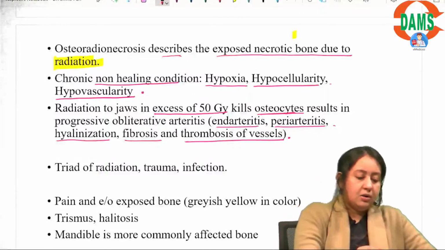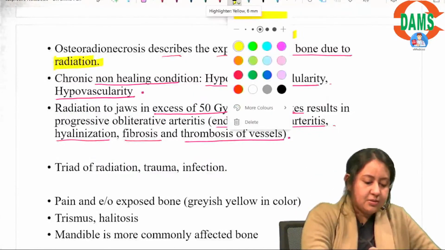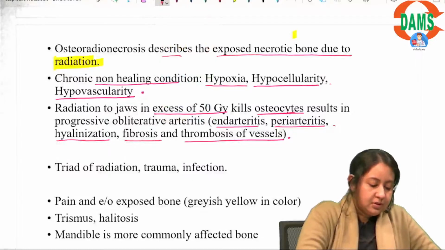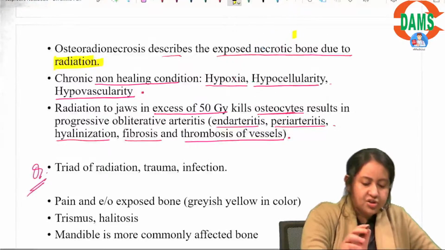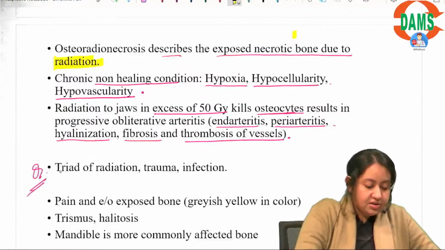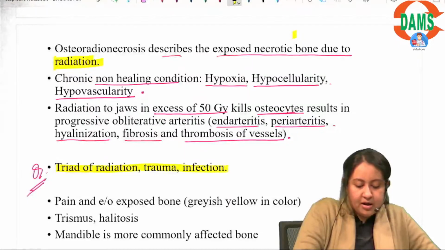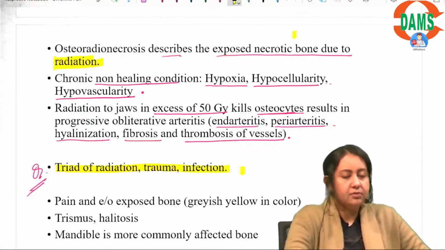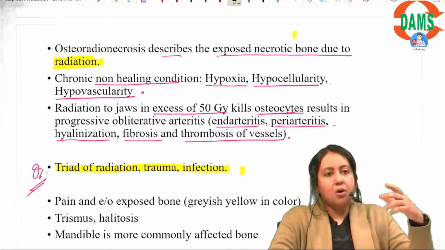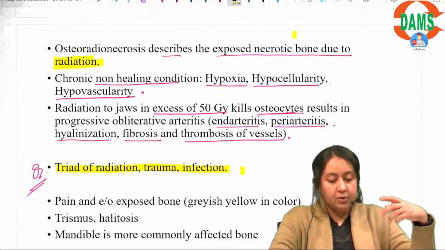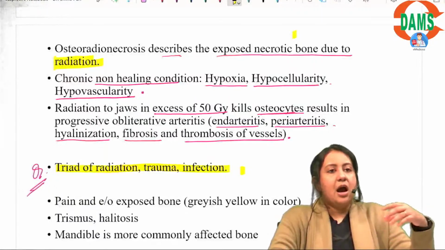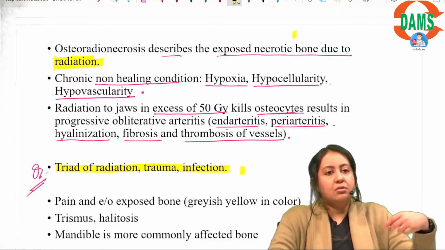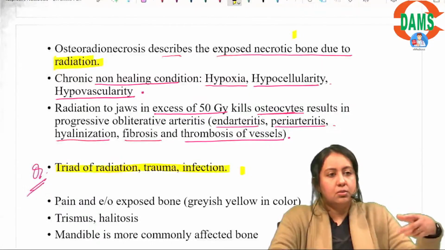Now I have seen a few questions on the next point. It is a triad of, initially, now the concept has changed, but for answering the questions, it is a triad of radiation, trauma and infection. It was hypothesized that first the radiation happens, followed by trauma, for example due to extraction of a tooth.